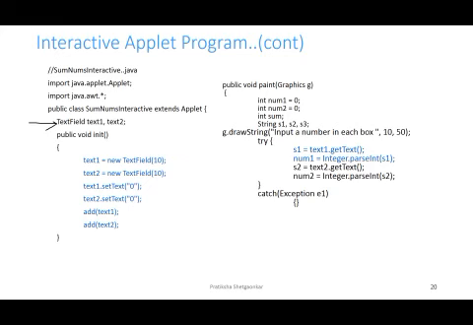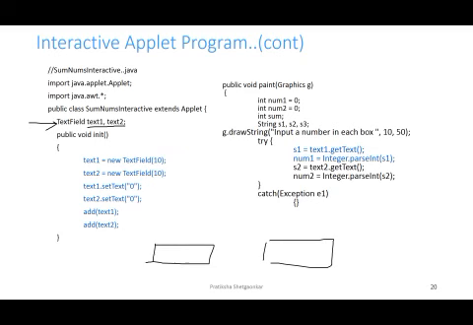Now you can see here that the applet declares two objects of the TextField class, that is text1 and text2. These two objects represent the two text boxes that will be displayed onto the browser screen.